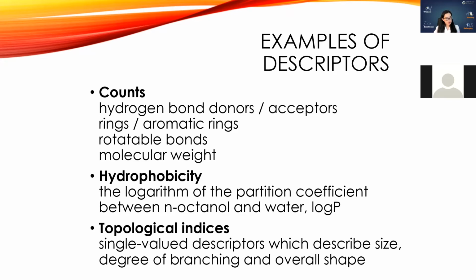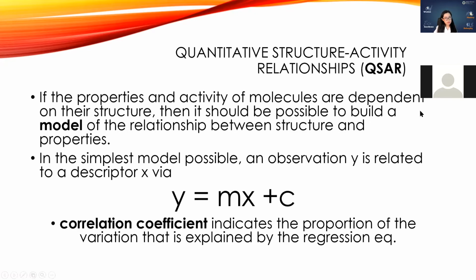And they try to get the idea of branching and overall shape by describing the size with simple numbers. These descriptors will be used in order to derive the values of the activity.